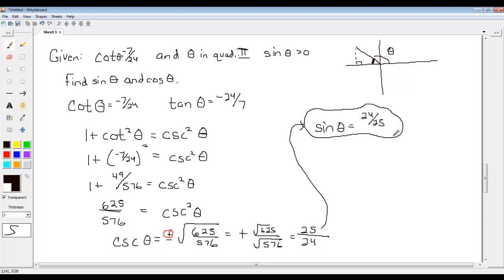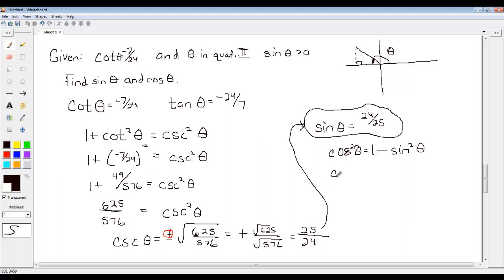Well, one down, one more to go. We still have to figure out what cosine is going to be, but hey, we figured out what sine is. We do have the identity that sine squared plus cosine squared equals 1. So cosine squared theta is going to equal 1 minus sine squared theta.